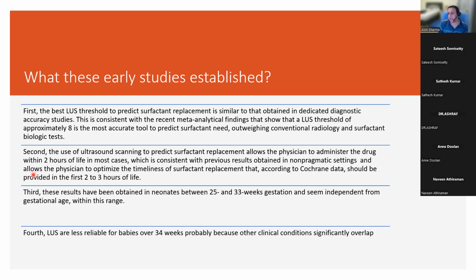Because for these babies who then go on to need a tube 8 to 12 hours later, they then have established RDS. So the argument for use of lung ultrasound would be to see if you can avoid surfactant in the group that might get away with it, but give early surfactant to the babies who really need it. Because there's evidence that I'll demonstrate to you that shows that you can predict the need for surfactant much earlier than with an increase in FiO2, which takes much longer.